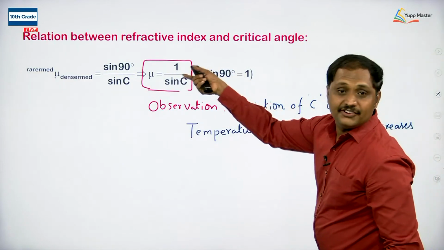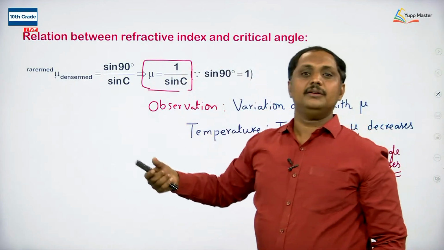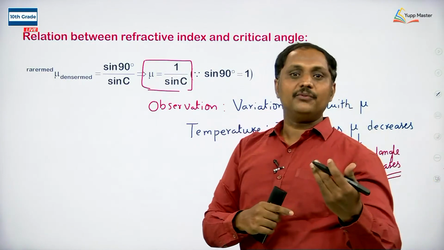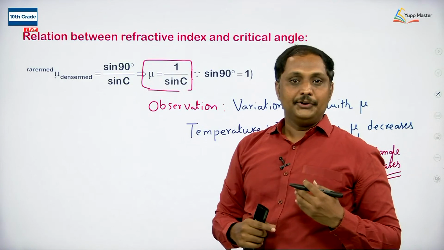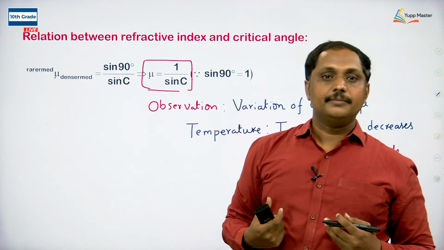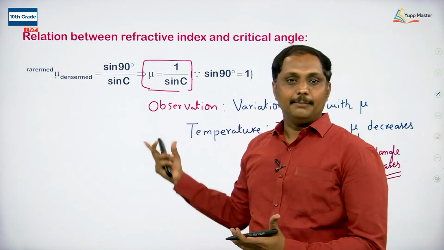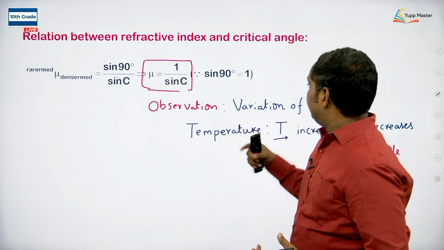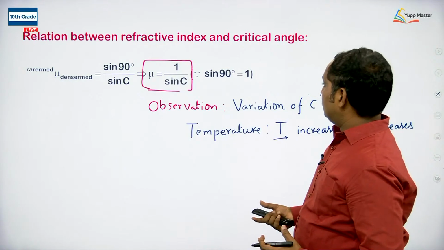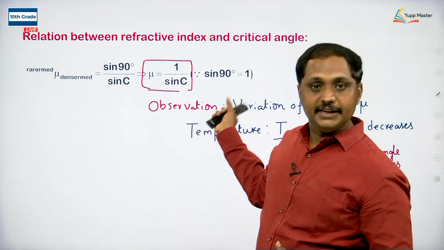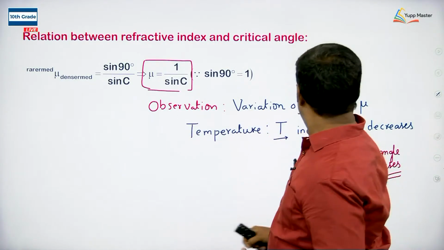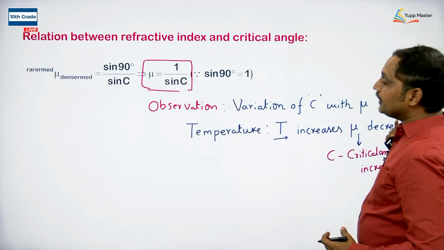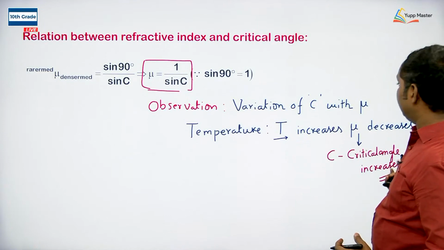So, by knowing this relation, if they have given a variation of density or speed of light in that material due to temperature fluctuations, geographical distortions or any other reasons, we have to confirm that as mu decreases, C increases.